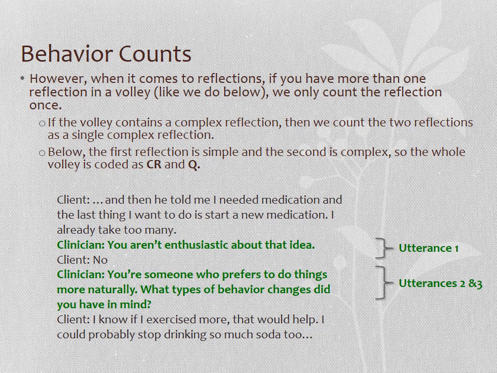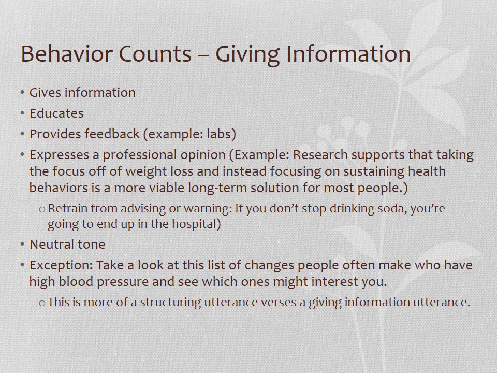So this example would be coded as a complex reflection and a question. Even though we have three utterances, we're giving one tally mark under complex reflection, and one tally mark under question. And we'll talk more about the difference between simple reflection and complex reflection in just a moment.